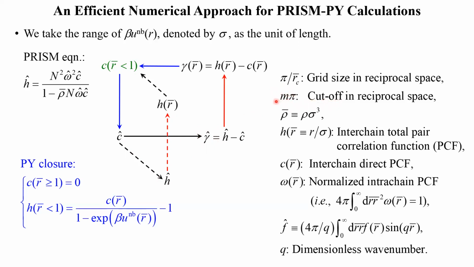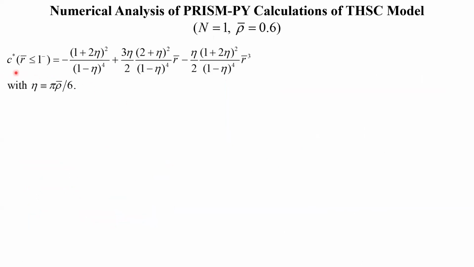We also note that the hard sphere potential makes C and H discontinuous in both their values and derivatives at r bar equal to 1. This needs to be accounted for when taking the discrete sine transform of C R bar. Here, for example, shows the well-known analytical solution of C R bar to the Ornstein-Zernike equation with the PY closure for hard spheres.